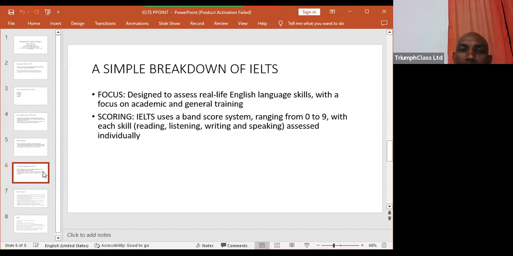There are also countries where people like migrants are required to first prove that they are at the level of a good English speaker.